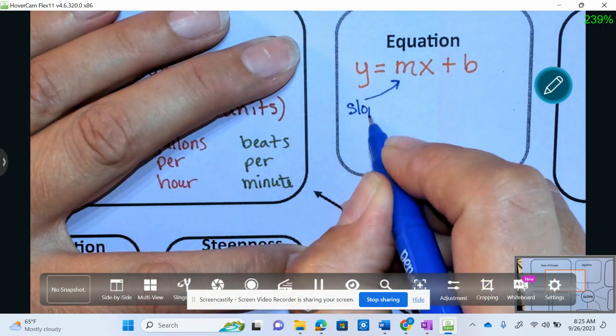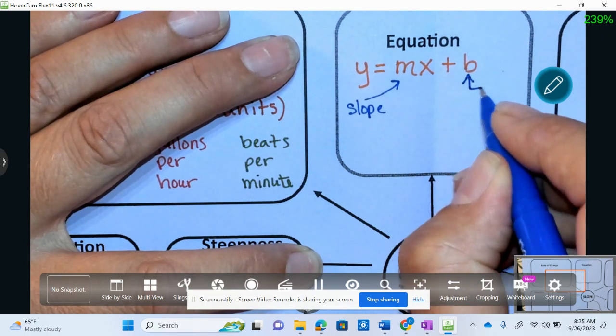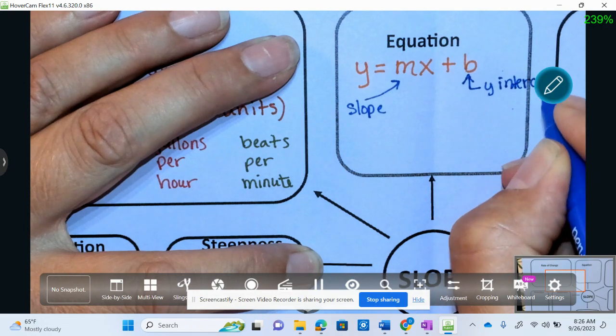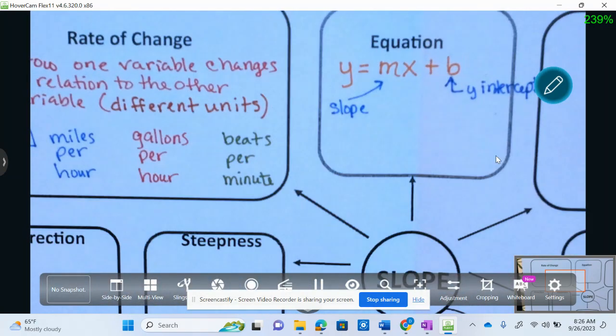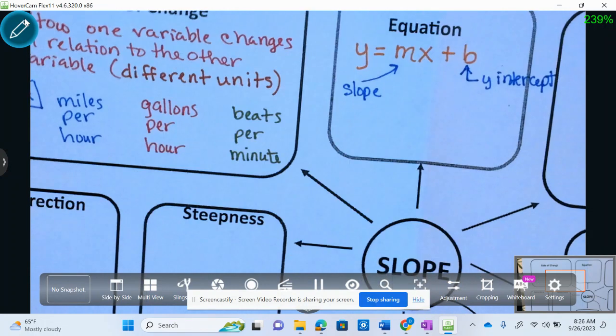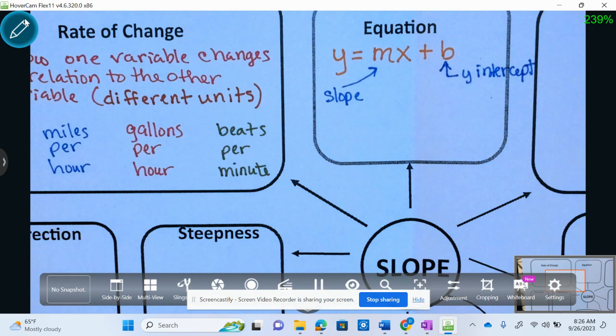stands for the slope and b is the y-intercept. After I say that, I hear some people saying, oh yeah. I need to move that little pencil out of the way. It's in our line of sight. So m is your slope and b is your y-intercept.